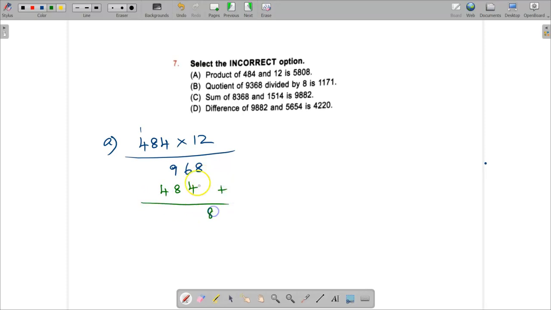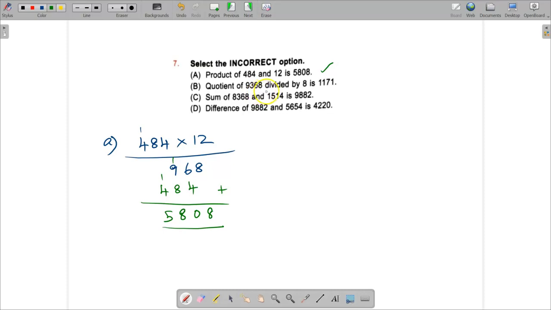Here it is just 8. 6 plus 4 is 10, carry is 1. 9 plus 1 is 10. 10 plus 8 is 18, and carry is 1. 4 plus 1 is 5. So it is 5808. So this option is correct, but they are asking for the incorrect option, so we need to check the other options.